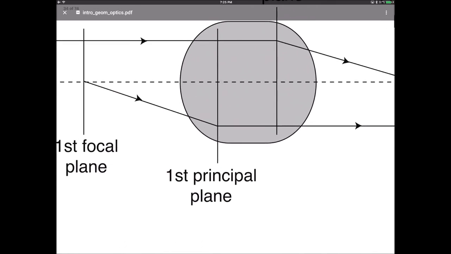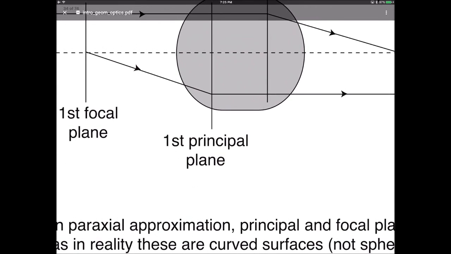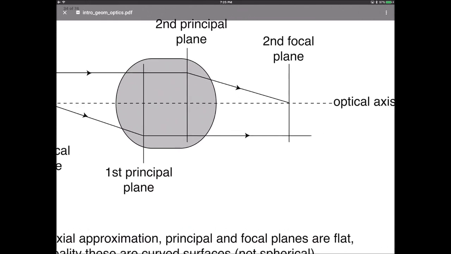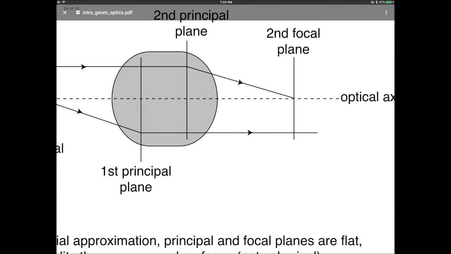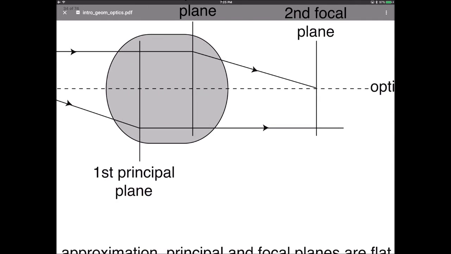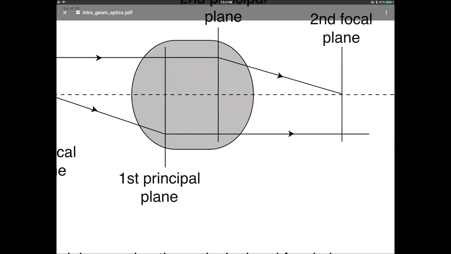That's shown by this ray over here, from the first focal plane to the first principal plane, and then it goes parallel. Of course, if you remember, if it's a parallel beam inside the lens, it's not going to suffer refraction when it comes out of the lens, and it's going to go parallel to the optical axis.